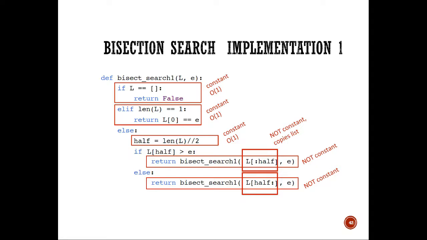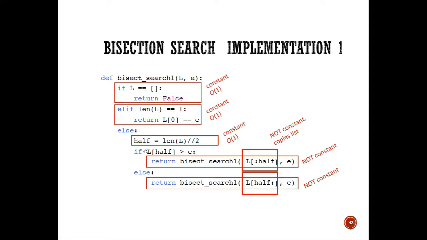Now, moving to the bisection search algorithm, we show two different implementations. In the first one, we check first whether the list is empty or if the length of the list is 1, that is, it only contains one element. These operations are of order 1 because it's a simple checking operation.